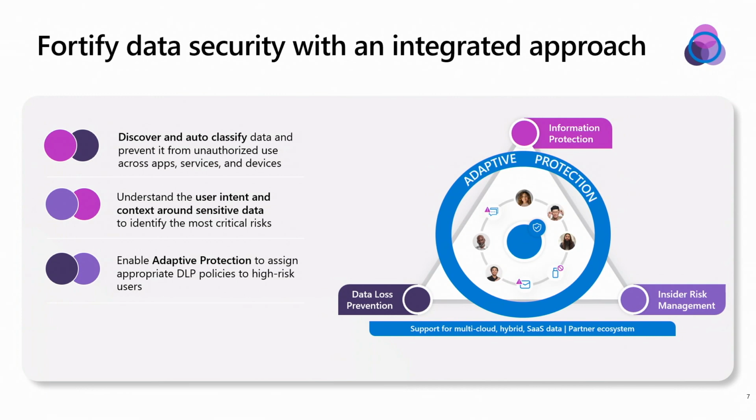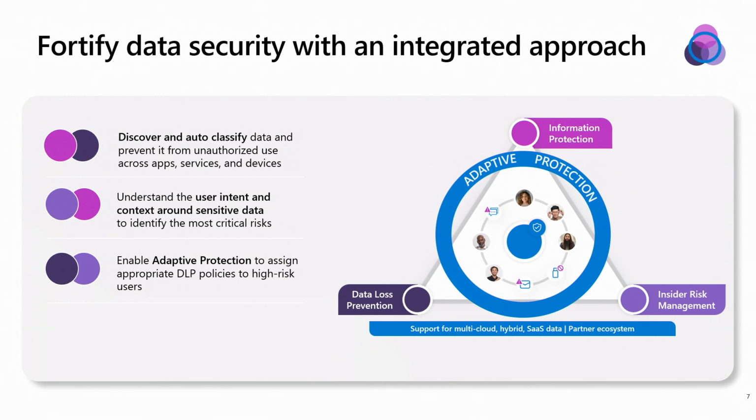There are 2 aspects of it: the first is the data, and the second is the user. You will see us talk about Information Protection, because it provides more than 300 classifiers to help you identify where your sensitive data is located. Once you identify the sensitive data, you can have your DLP controls to protect it.